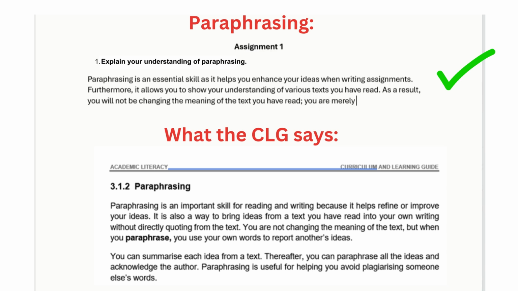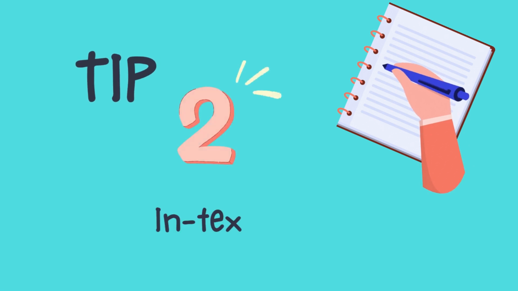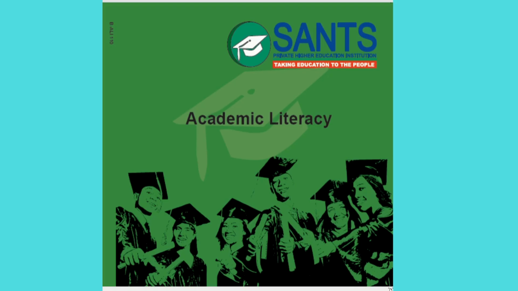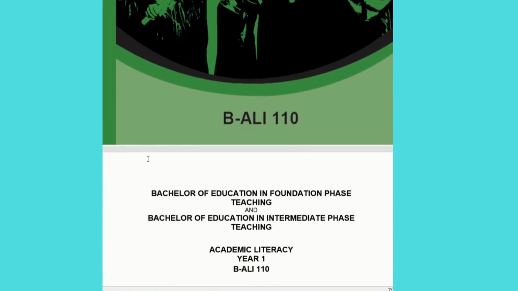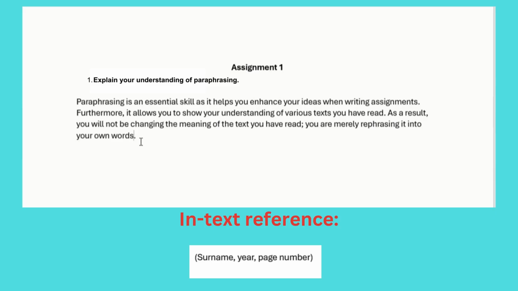Now that you have paraphrased your answer, it is important to acknowledge the sources from which you received the information. This is done through referencing. Tip 2. In-text referencing. In-text referencing happens in your text. You will go to the front matter of your CLG where you will find the author. In this case, there are two authors, and you'll find the year of publication.